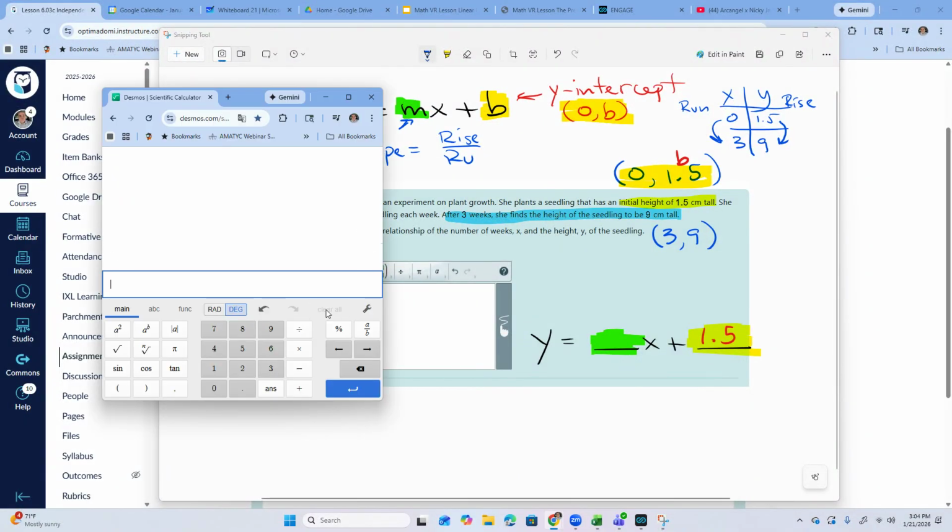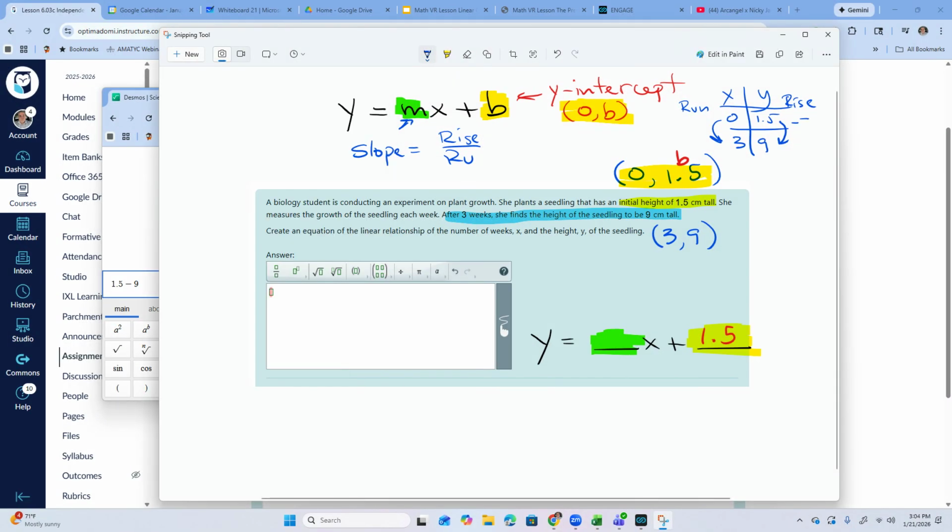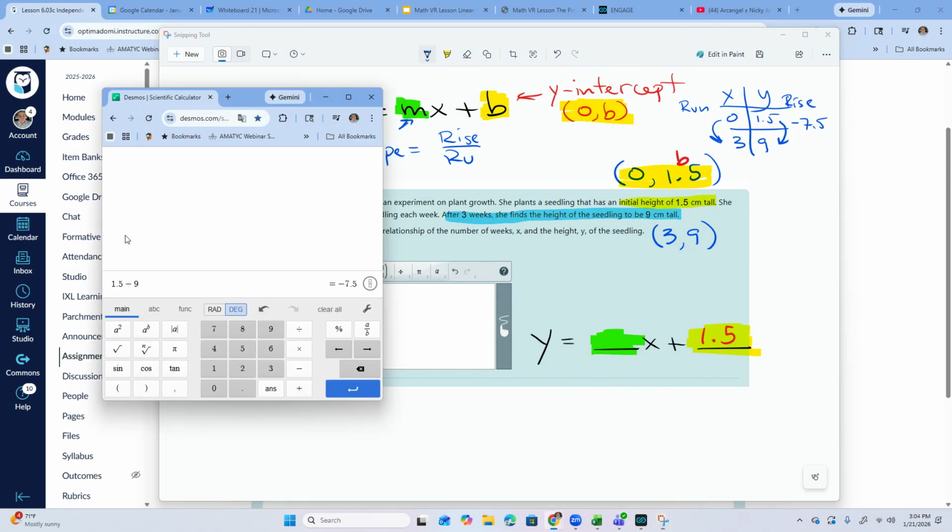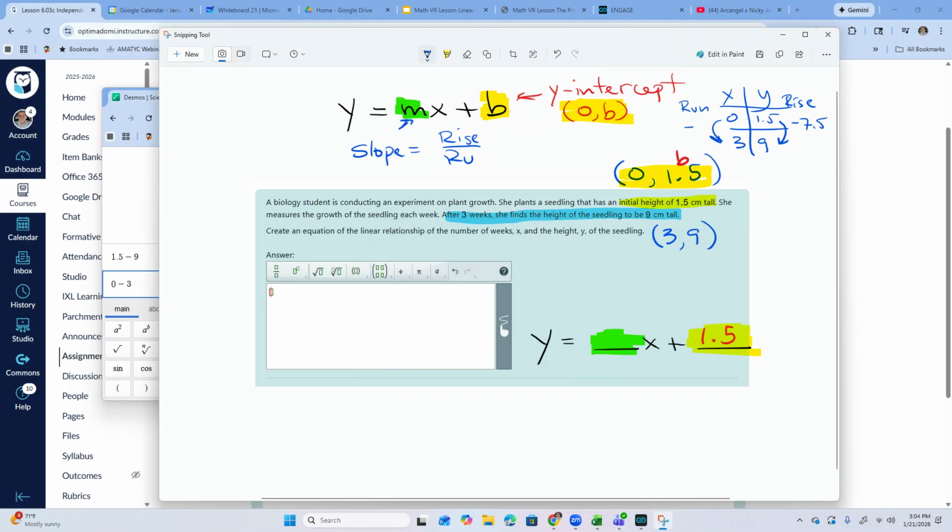So let me clear all of this. I'm going to find the rise, so subtract the y's. 1.5 minus 9. You can see I got negative 7.5. And then I'm going to find the run. So I'm going to subtract 0, take away 3. And you can see I got negative 3.